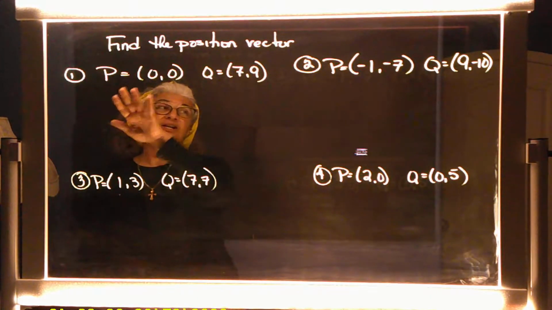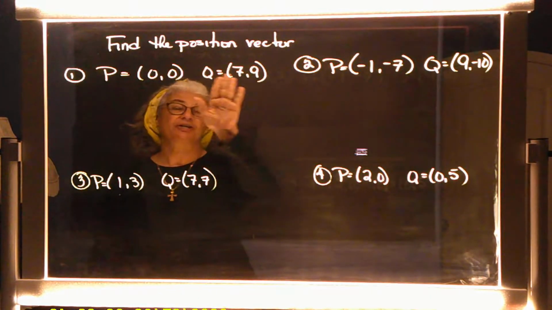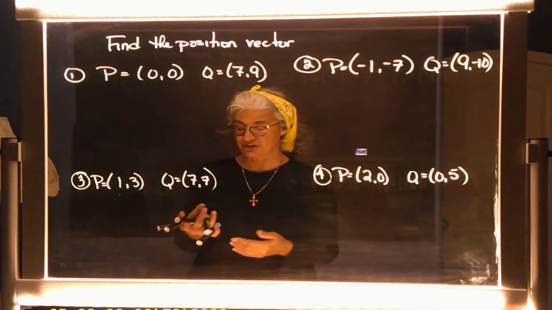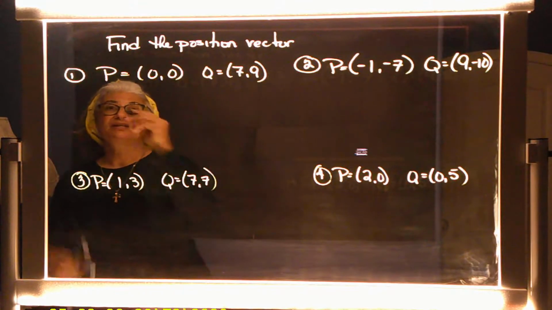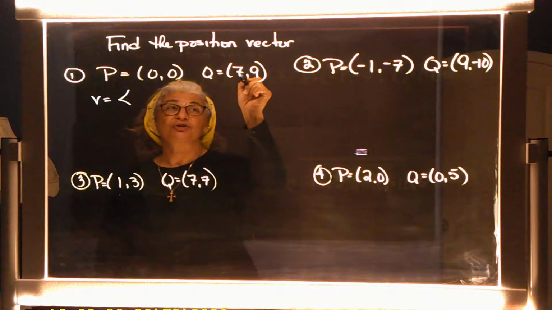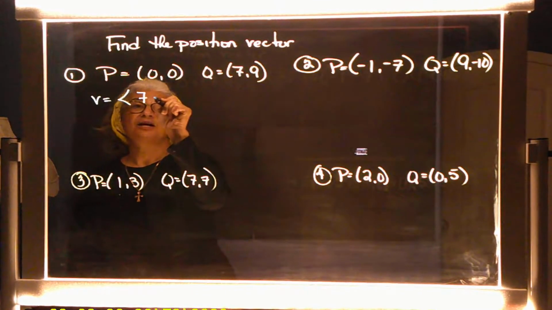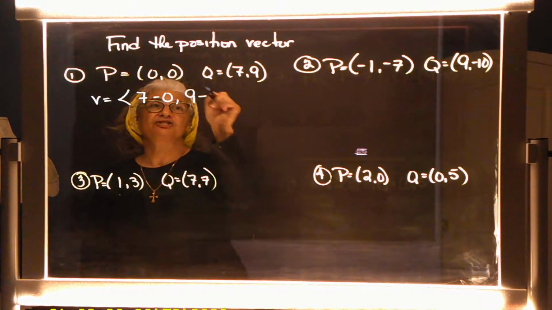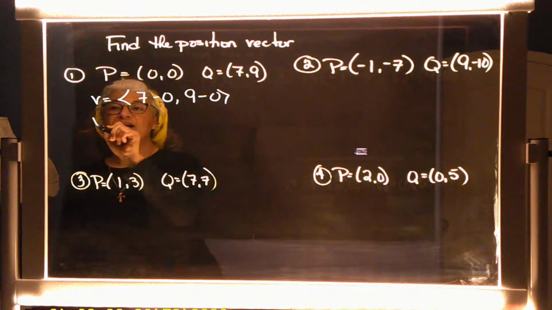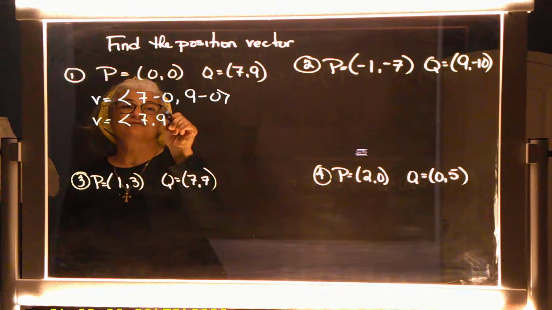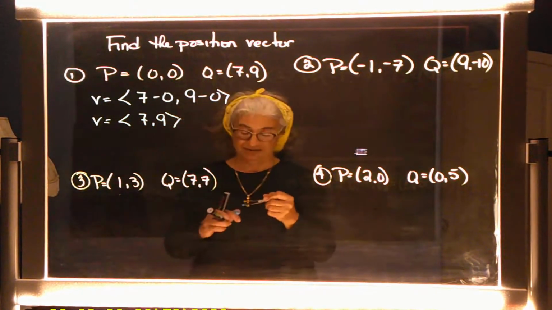In all of these problems, P is the initial point, Q is the terminal point. So to find the position vector, that vector v is going to be found by taking the terminal x, 7, minus the initial x of 0, comma, the 9, which is the terminal y, minus the initial y, which is 0, which gives me the position vector 7, 9.